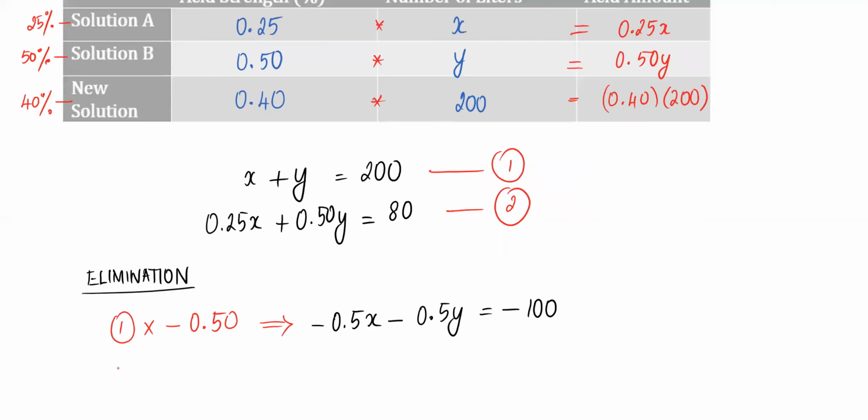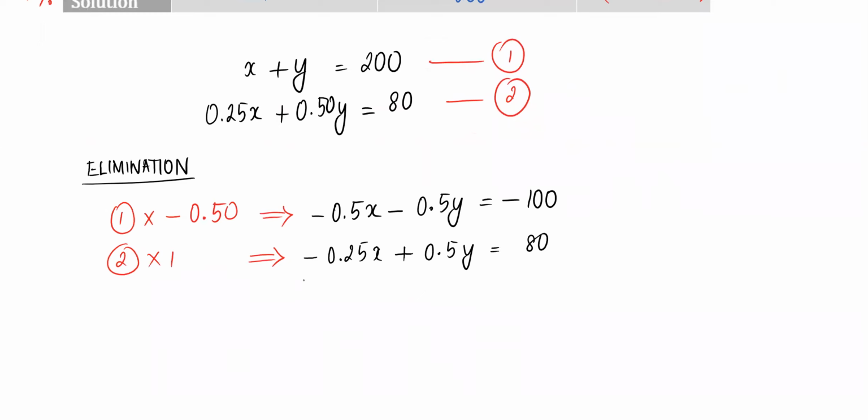And equation 2 stays the same: 0.25x plus 0.5y equals 80. This middle one goes away. Use your calculator, and that gives you negative 0.25x equals negative 20.